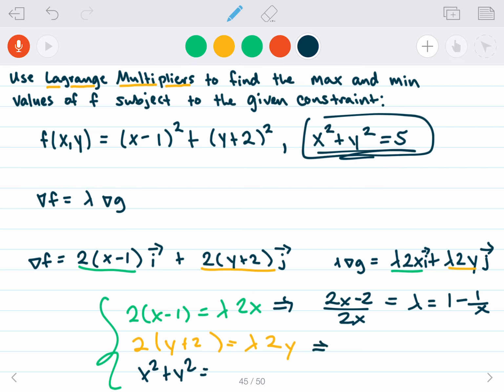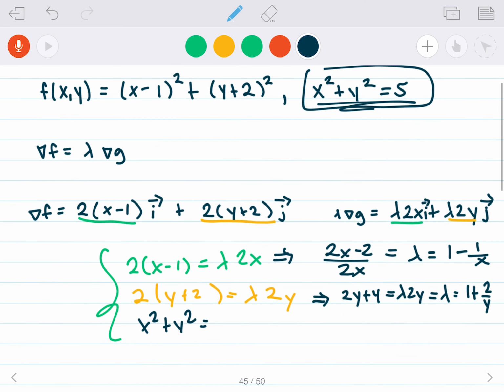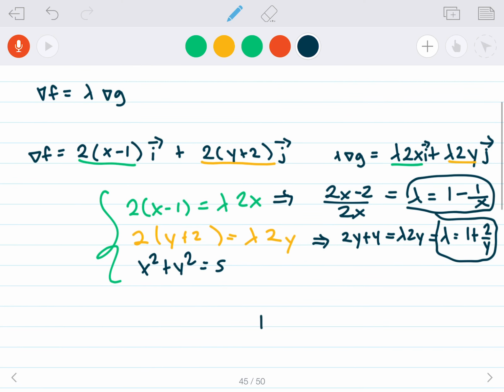And then over here, similar story, I have 2y plus 4 equals lambda 2y. Divide both sides by 2y to get lambda is equal to 1 plus 2 over y. Okay. Alright, so we have lambda here, and we have lambda here, so let's go ahead and set them equal to each other. So we have 1 minus 1 over x is equal to 1 plus 2 over y.